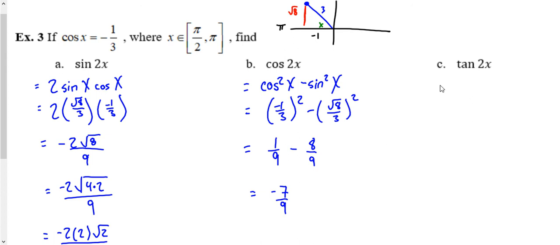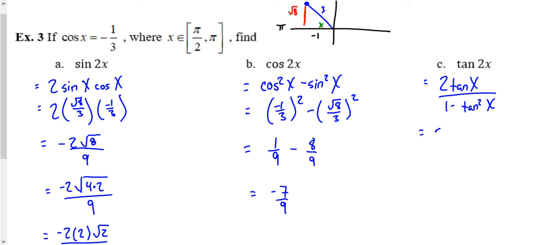Last but not least, tan 2x, and we only have one option for tan 2x. This is the same thing as saying 2 tan x, all of that's divided by 1 minus tan squared x. There we go. And in this case here, let's start to rewrite everything.